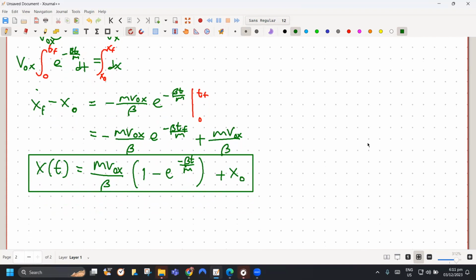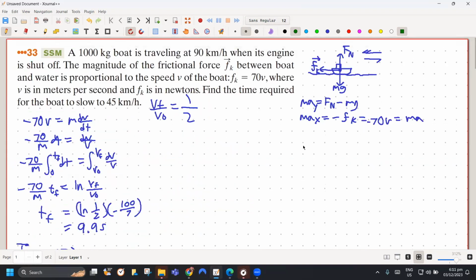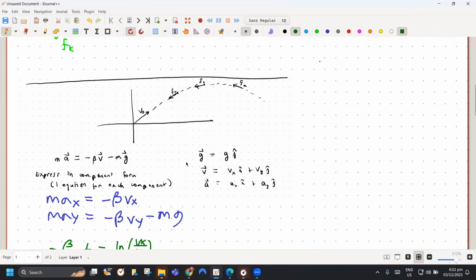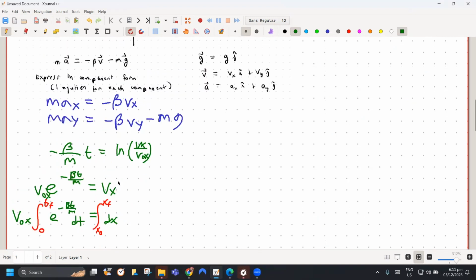Kaya ako pinipilit yung V0X kasi gagamitin natin yan for projectile motion as well. Na-solve na natin, balik ka sa taas. Anong differential equation for projectile motion? Yan, di ba? So, yung x is max minus beta vx.